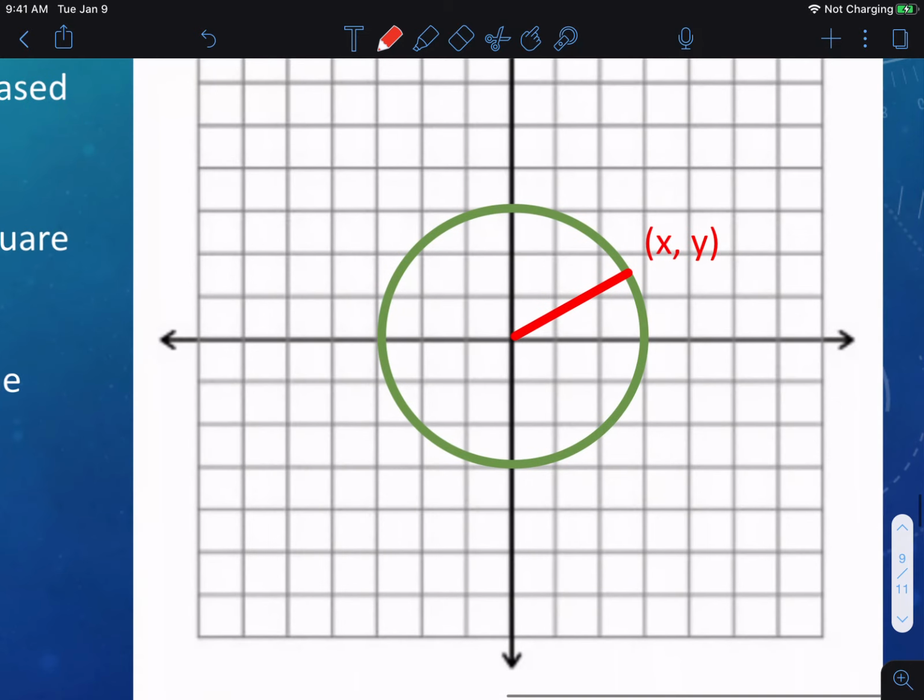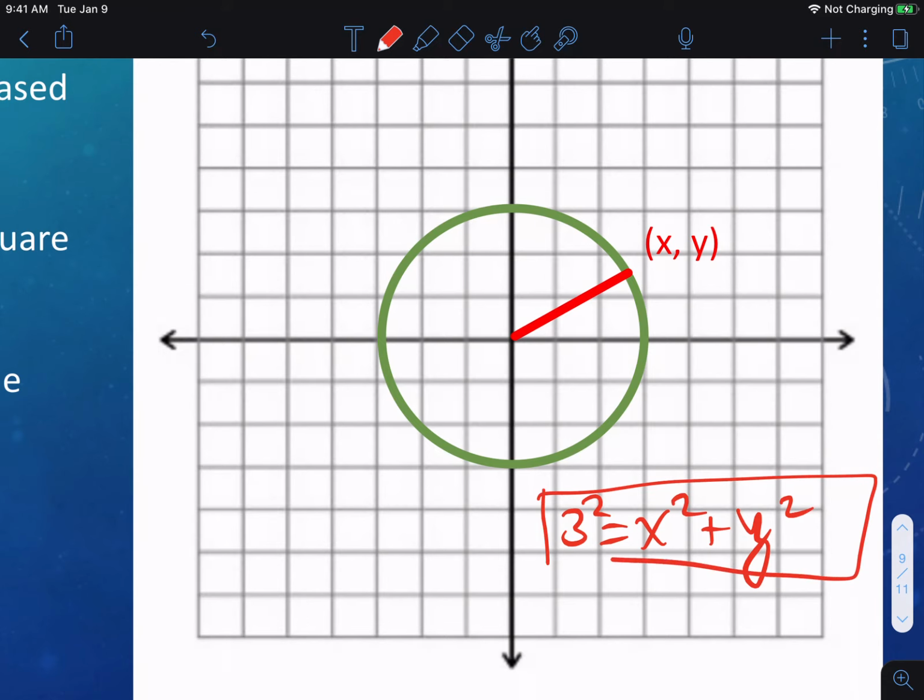So here we have it. There's a circle that is 3 units from the center. And so that's just simply going to be 3 squared is equal to x squared plus y squared. And that is the equation of our circle right there.